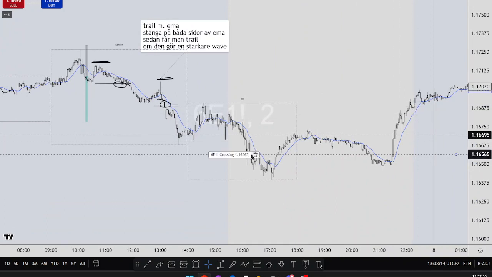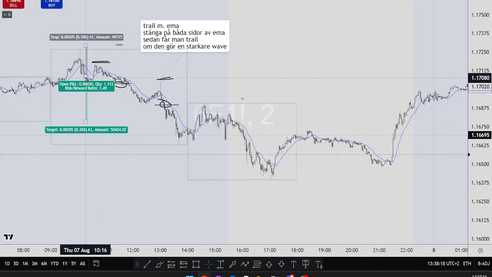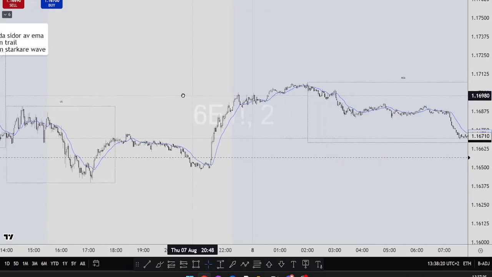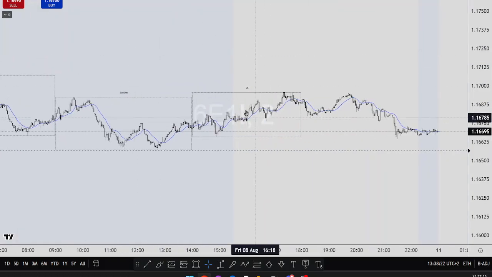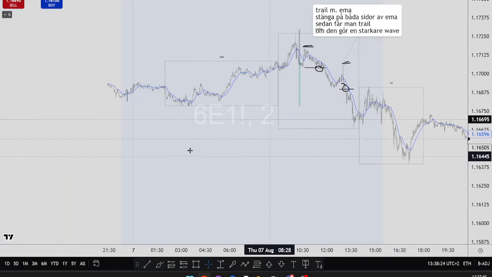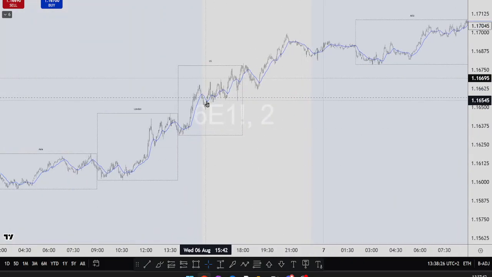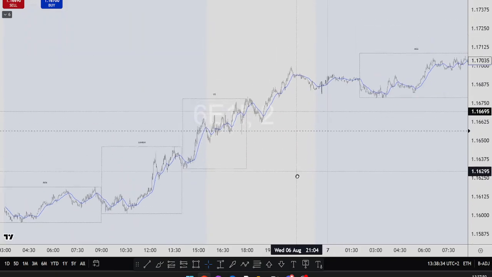I'm not saying my stop would be down here, but I would be taken out here, and it happens. That's not a lot, but you know what I mean. This is a flat day. If it was some other day, for example if I'm long here somewhere, I would be taken out here. That's not a bad thing.